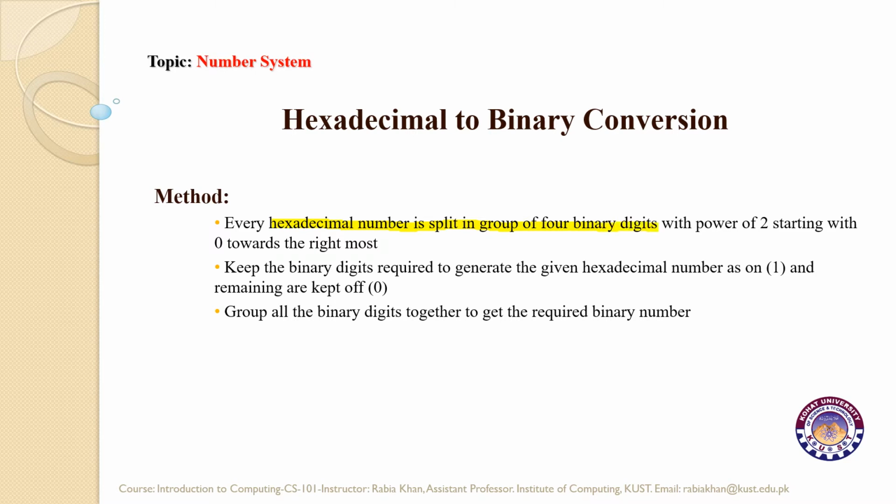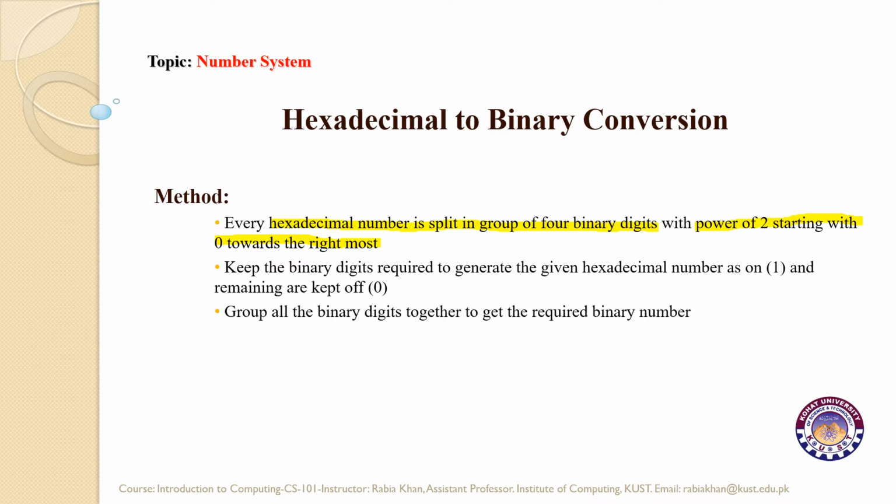And how can you split it? Every digit must start with a power of 2. The power of 2 starts from 0, and this conversion process moves from right to left.